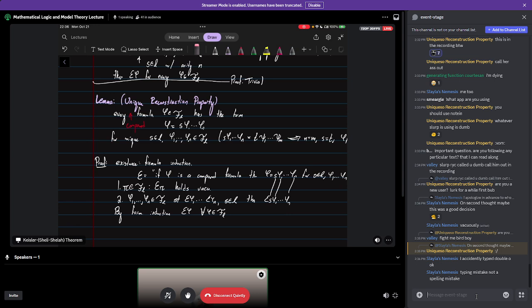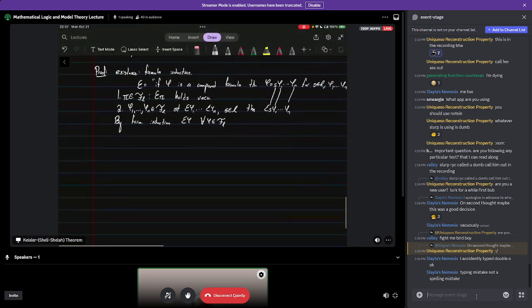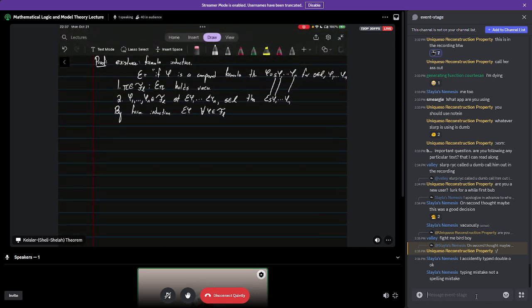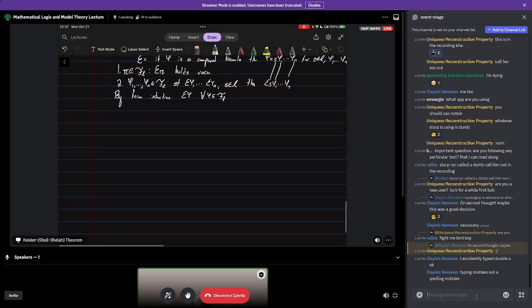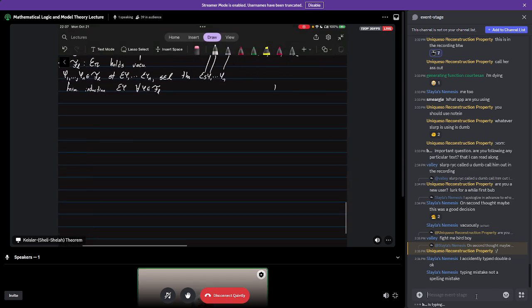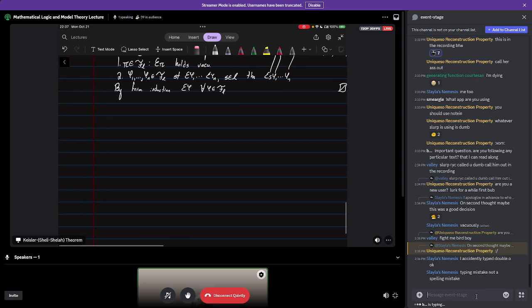Now, the uniqueness of this form is just a syntactic argument that you can find in my lecture notes. I'm not going to prove it here. The use of the unique formula reconstruction property is that we can define functions recursively on formulas using it.